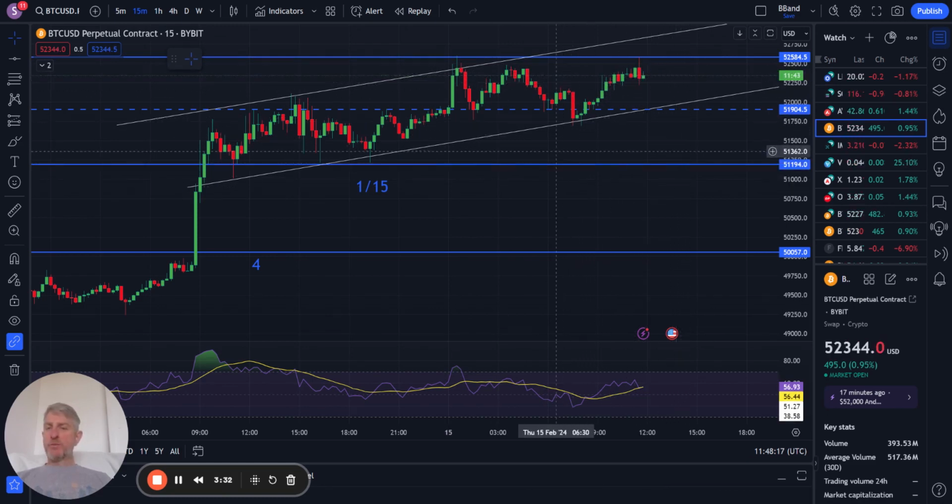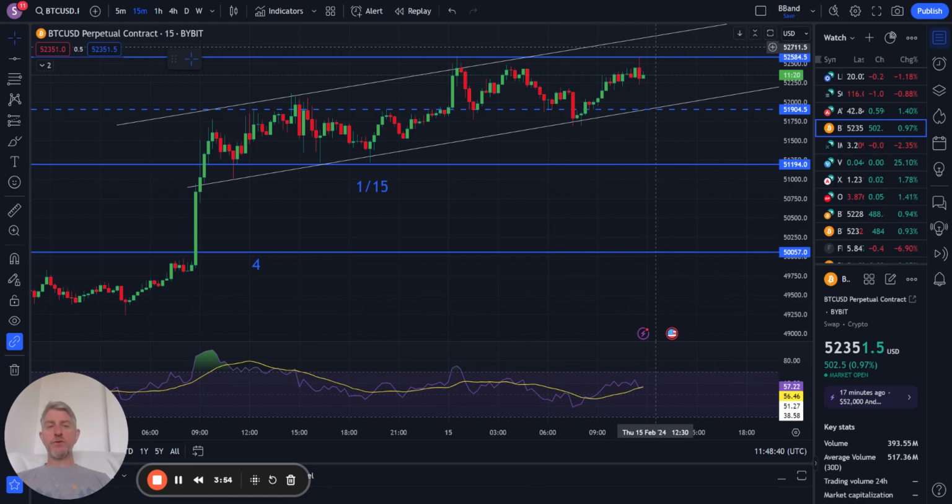I feel like range play is probably the topic of the remainder of the week, and you can see I've got it in a bit of an ascending channel here. I do wonder if the reciprocal may occur for the rest of the week into the weekend.